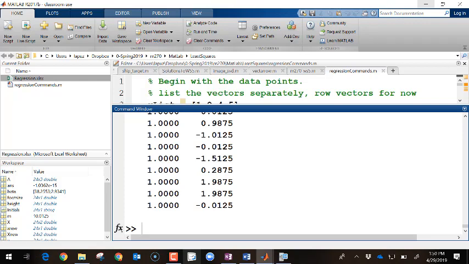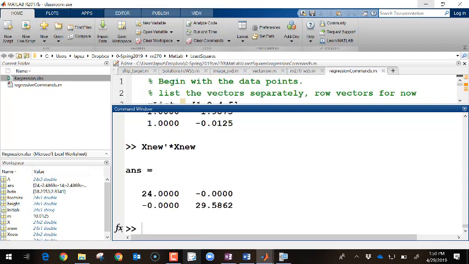And now if I take the product of X new transpose times X new, I should get a diagonal matrix.